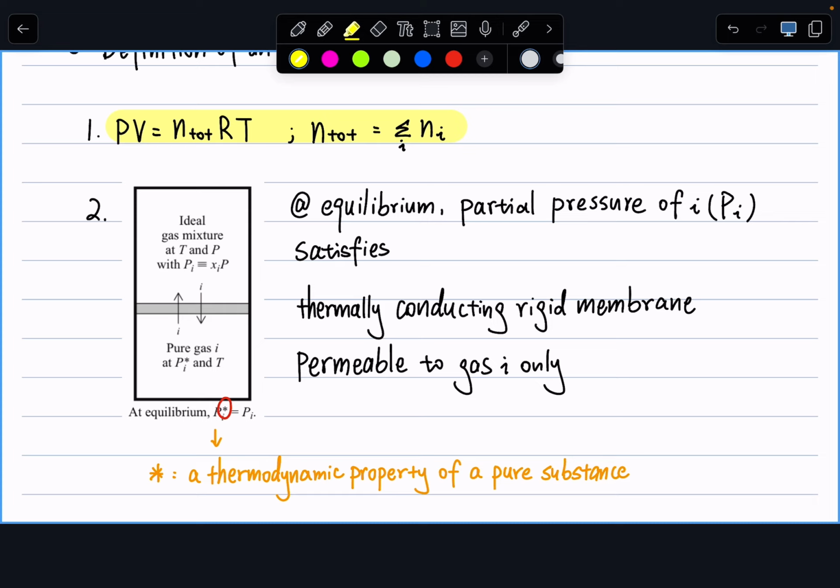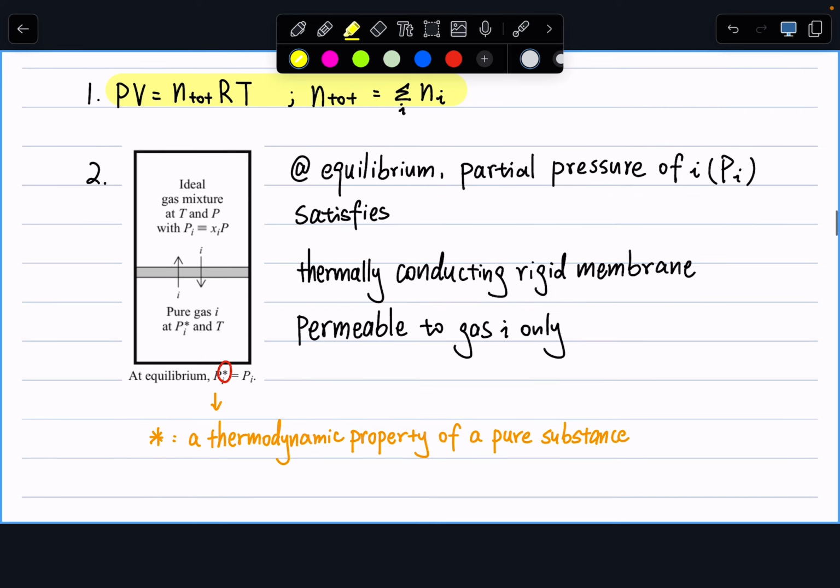So for each chemical species, we have PV equals nRT. So my total pressure equals n total times RT.